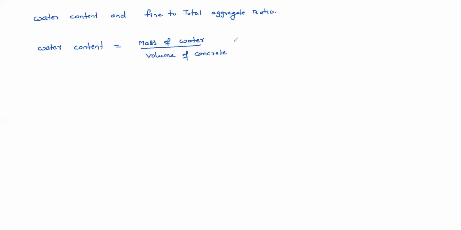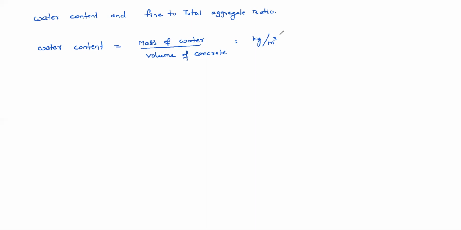That means it is in kg per meter cube, kg of water or liters of water. Both can be used, because 1 liter equals 1 kg. So the mass of water required per 1 meter cube of concrete is called water content.